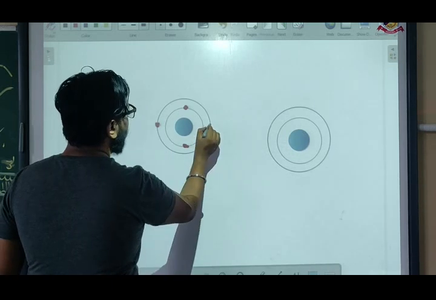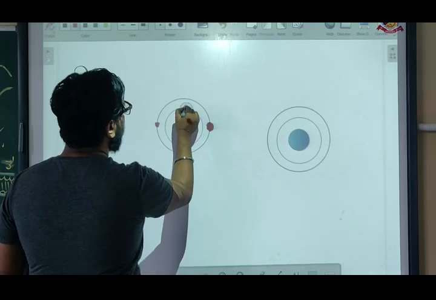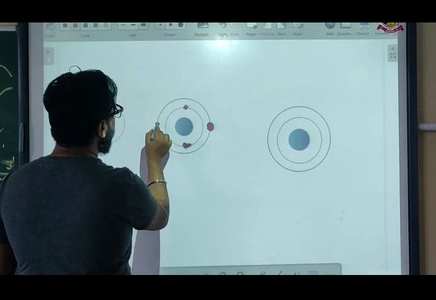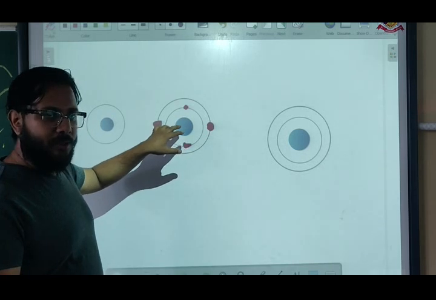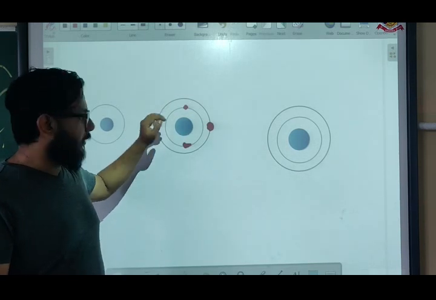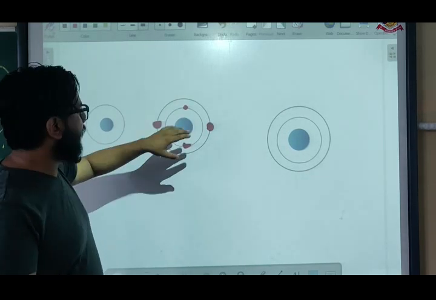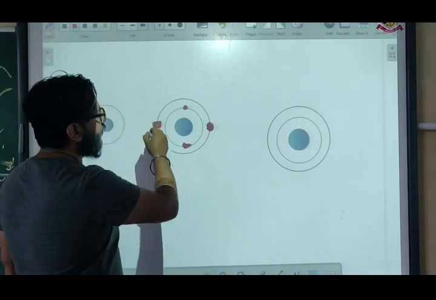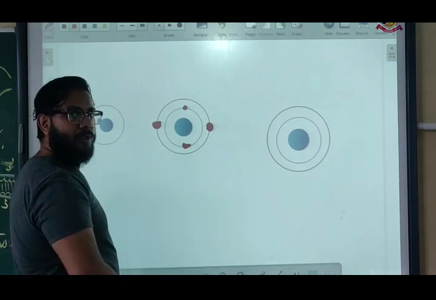So here, your blue circle is your nucleus where neutrons and protons exist, and electrons exist in these concentric circles around the nucleus. Electrons revolve around the nucleus.